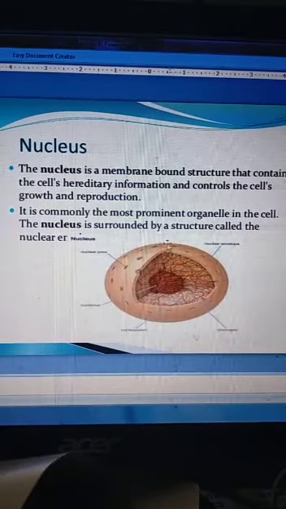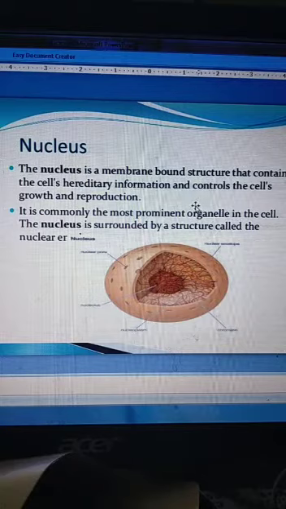Nucleus. The nucleus is a membrane-bound structure that contains the cell's hereditary information and controls the cell's growth and reproduction. It is commonly the most prominent organelle in the cell. This is the nucleus structure: chromatin fibers, nuclear envelope, nuclear pores.